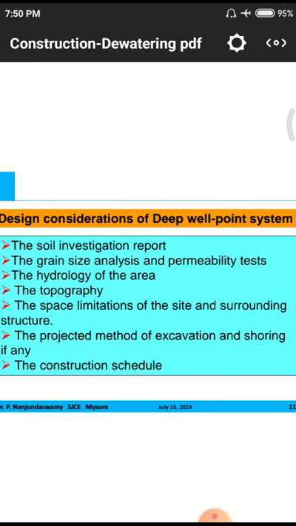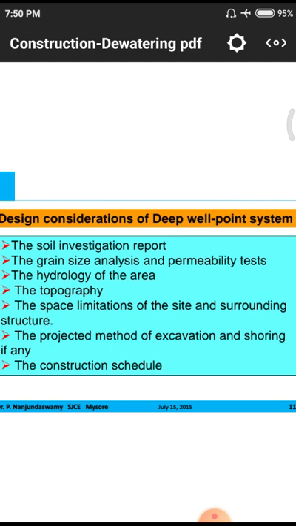What is the liquid limit, what is the plastic limit, what is the CBR value, that is the California bearing ratio value, what are the soil strength parameters, what is the soil bearing capacity, what is the void content, what is the plasticity index. All those things come under these soil investigations.